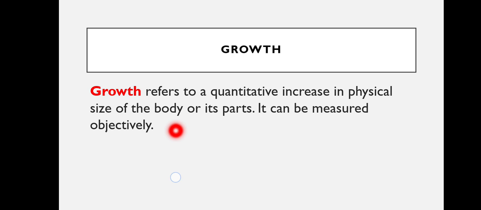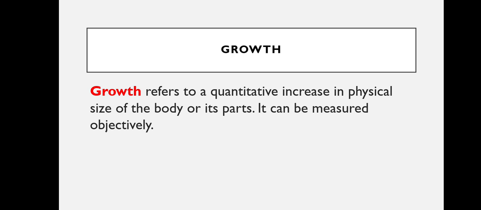You can get the weight of someone. You can get the height of someone. You can use both weight and height to determine the BMI, body mass index of the child. That's what we mean by it can be measured objectively.